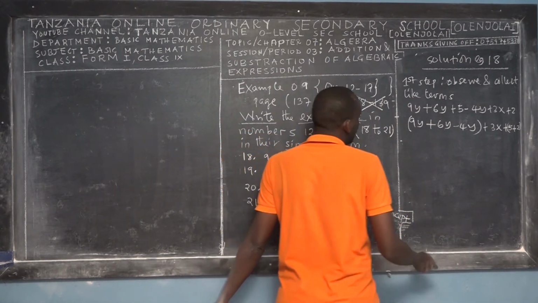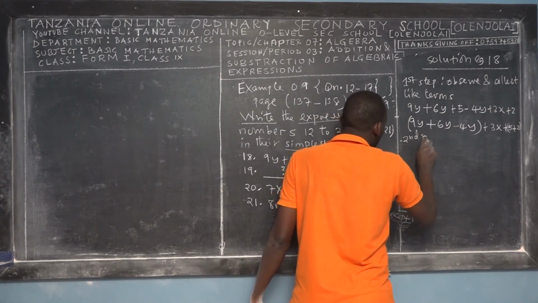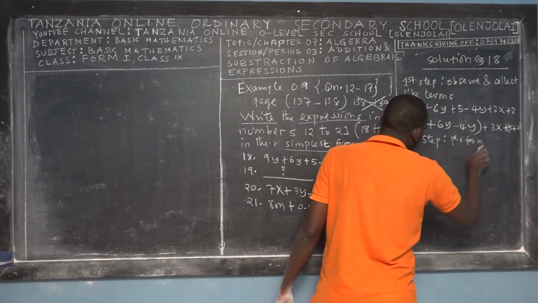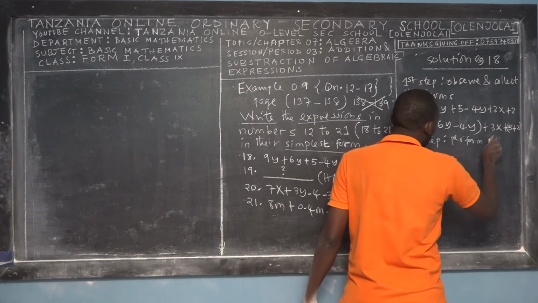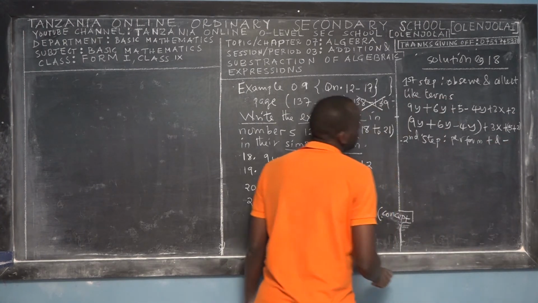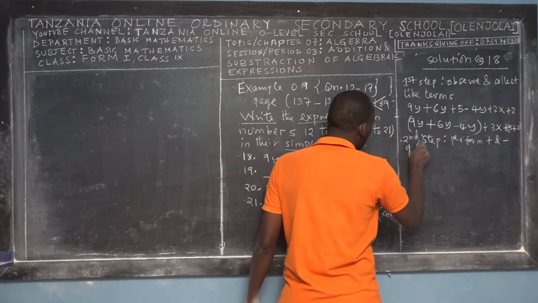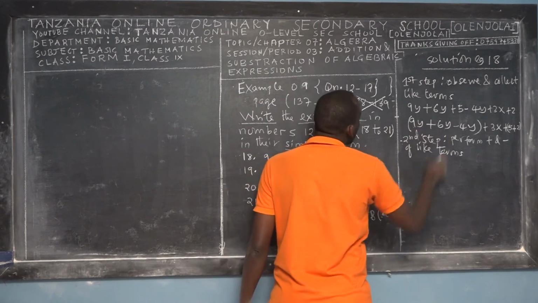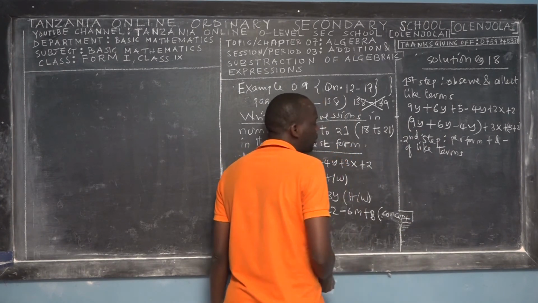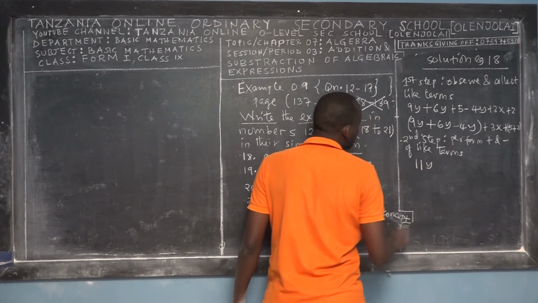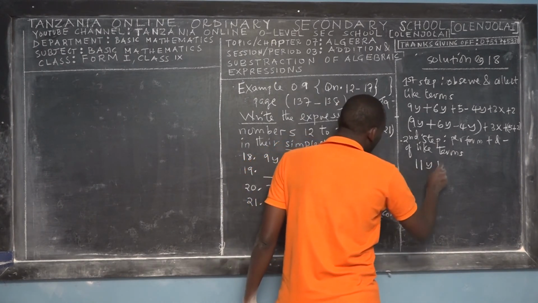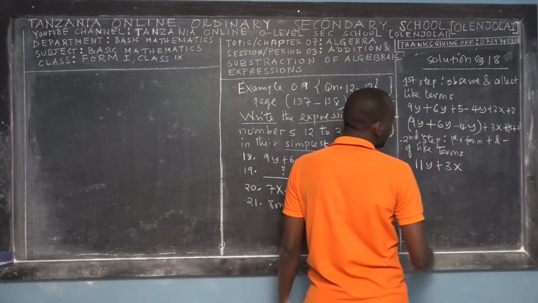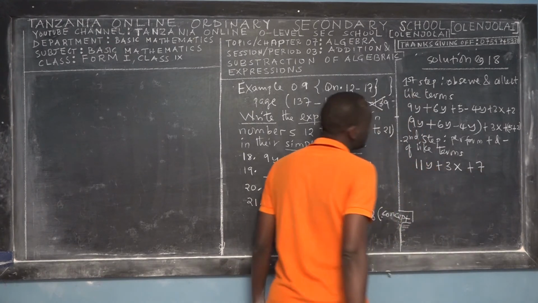So the next step, the second step, we say perform, let me use only English to let you practice, addition and subtraction of like terms. So 9y plus 6y is 15y. 15y minus 4y is equal to 11y. Then 3x is independent, it means that it is itself, 3x. And then 5 plus 2 is equal to 7.